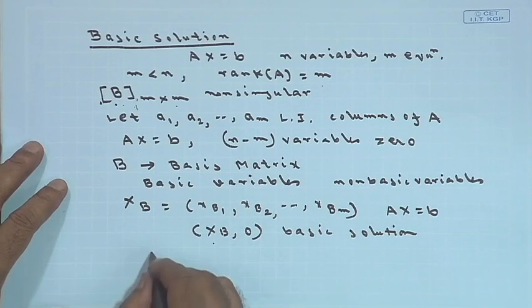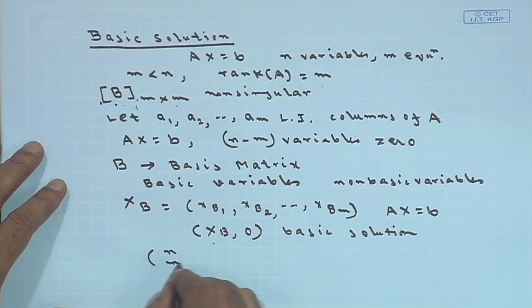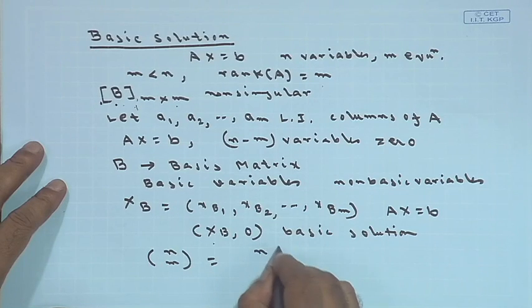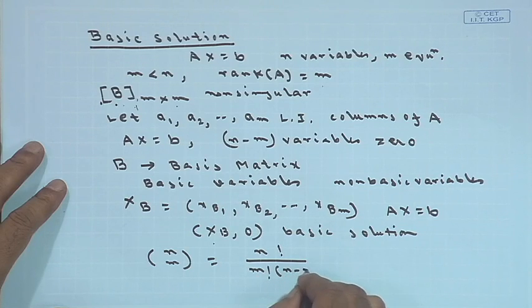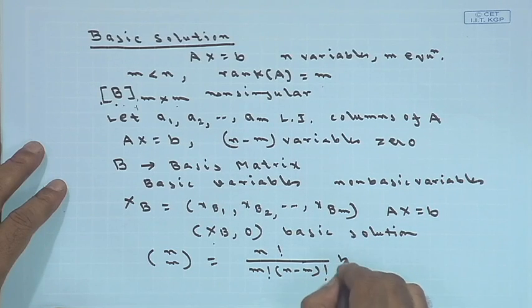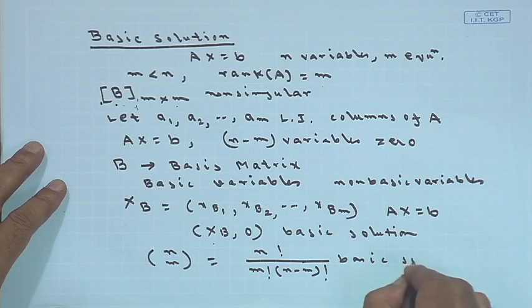So if you have n variables and m equations, you will have factorial n by factorial m into factorial n minus m basic solutions.